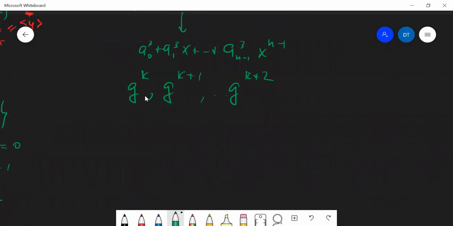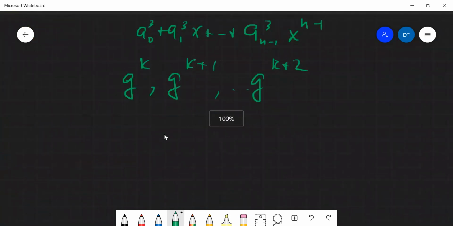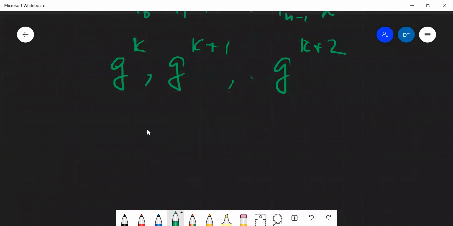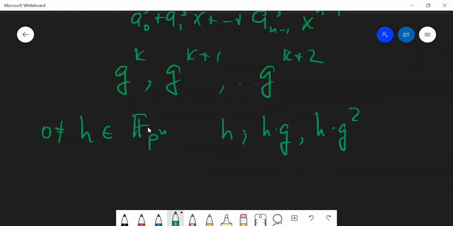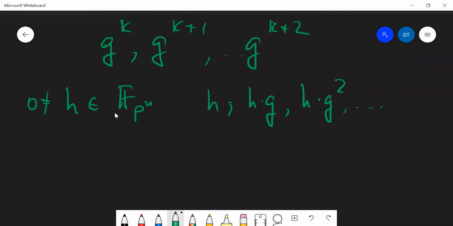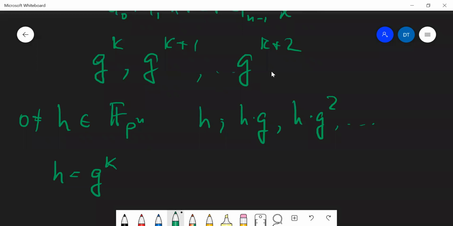In practice, instead of choosing a power k, people usually take just an arbitrary non-zero element h of F_p^n and consider the sequence h, then h times g, h times g squared, etc. Because h is not 0, it's an element of F_p^n star, so h is represented as a power of g, so this sequence is exactly the same sequence as this one, but you don't choose this power k explicitly.